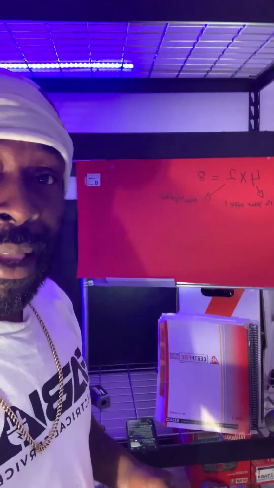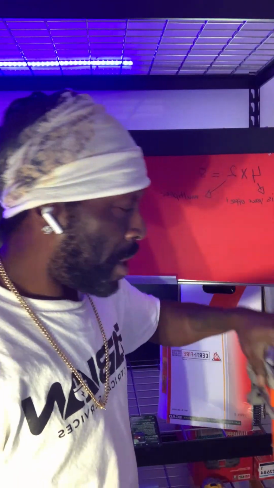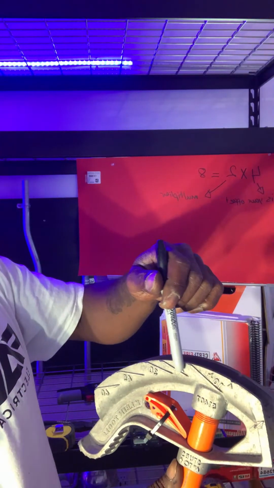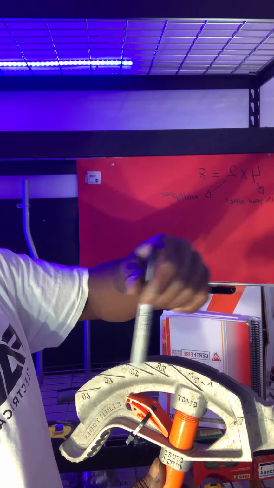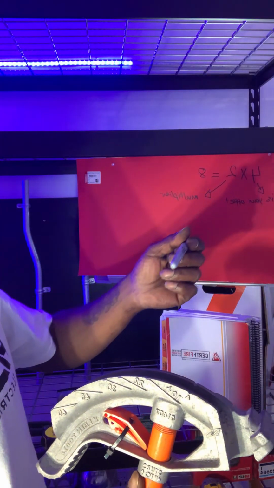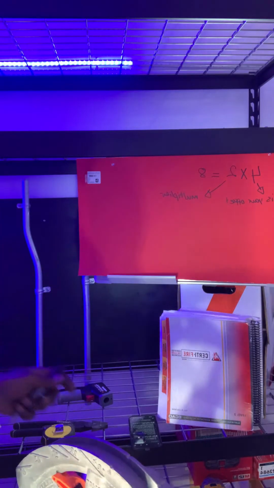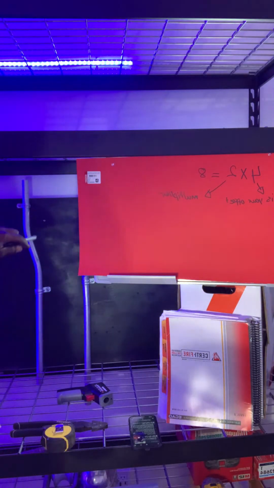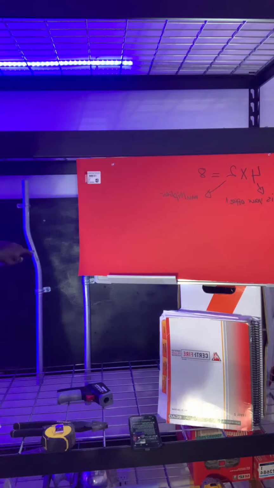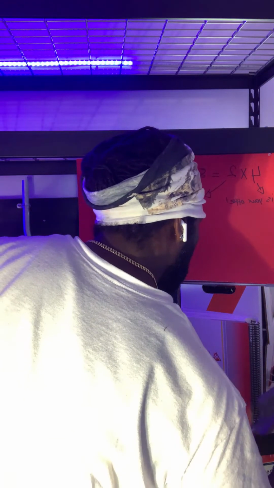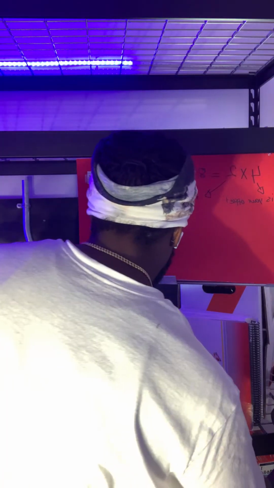So basically what you have is your bender, you have your measure, you have your degrees here, and that mark there reflects off of here. So it's going to be a measurement. So 4 times 2.